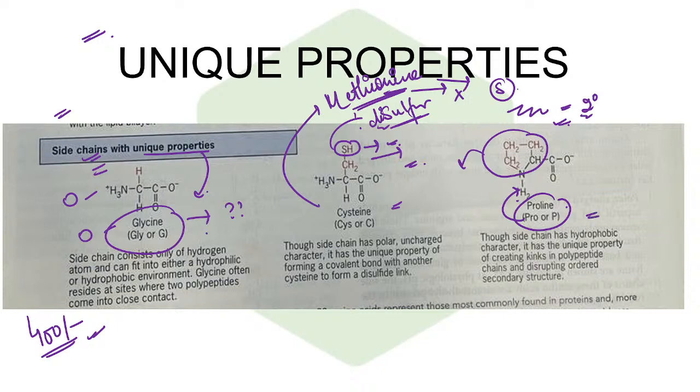So remember, though the side chain has hydrophobic character, it has a unique property of creating kinks in the polypeptide chain and disrupting the ordered structured sequence.